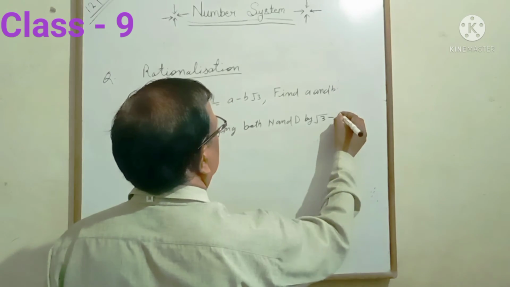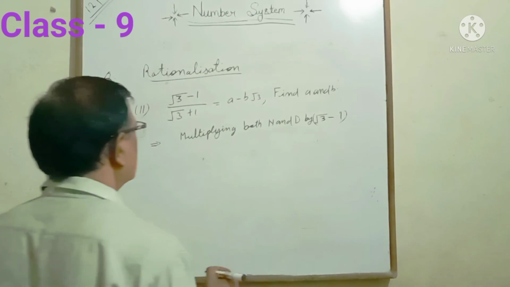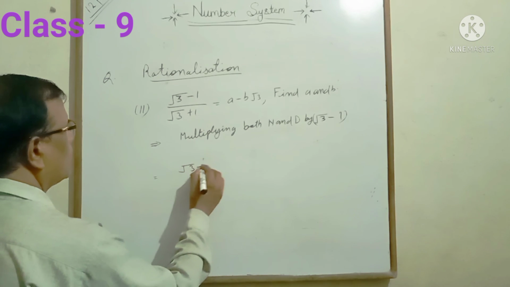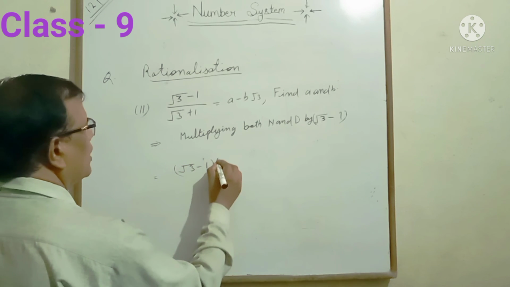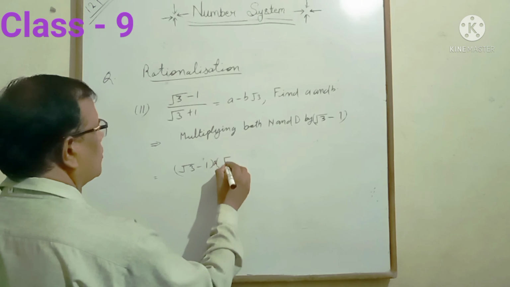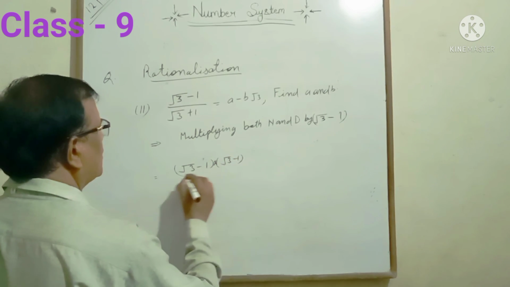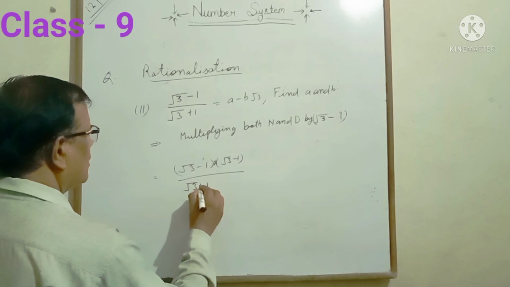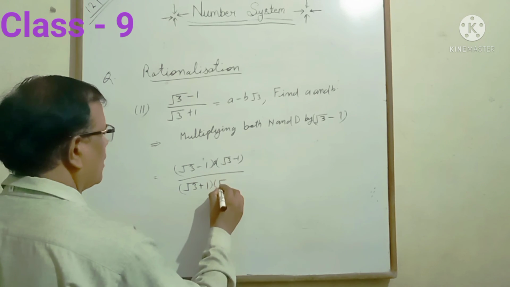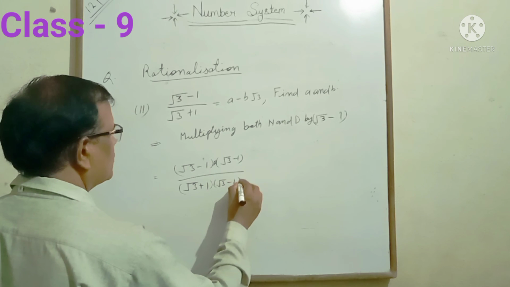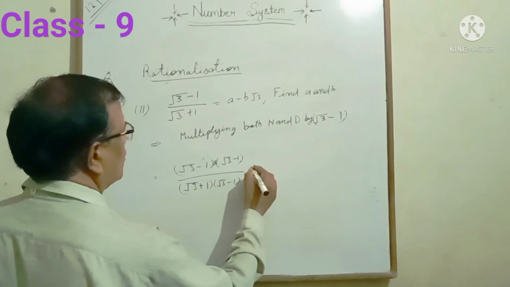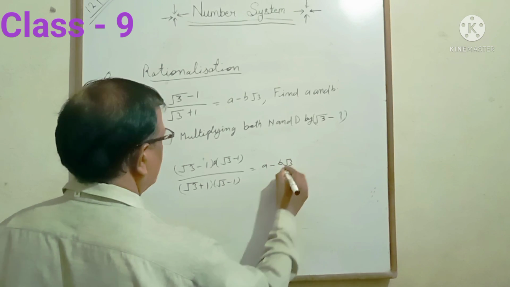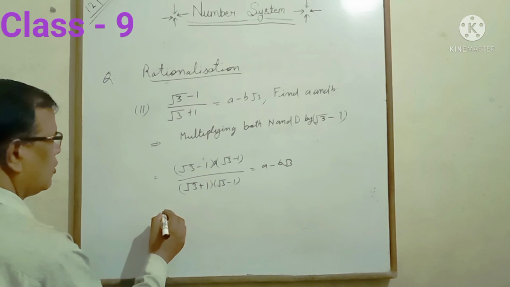So we write root 3 minus 1 and multiply both. Root 3 minus 1 multiplied by root 3 minus 1 upon root 3 plus 1 multiplied by root 3 minus 1, equal to a minus b root 3.